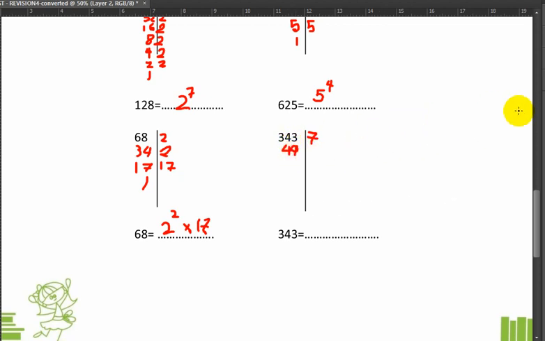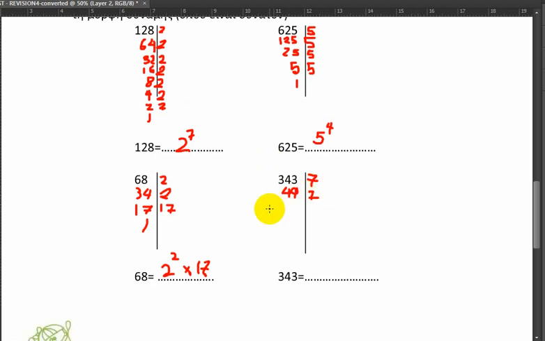And you could have done that division off to the side somewhere. And then 49 is divisible by 7. Did I make a mistake here? No. Okay, well. Anyway, I'm going to get a 7 here, and another 7, and finally a 1. So 343 is equal to 7 to the third.